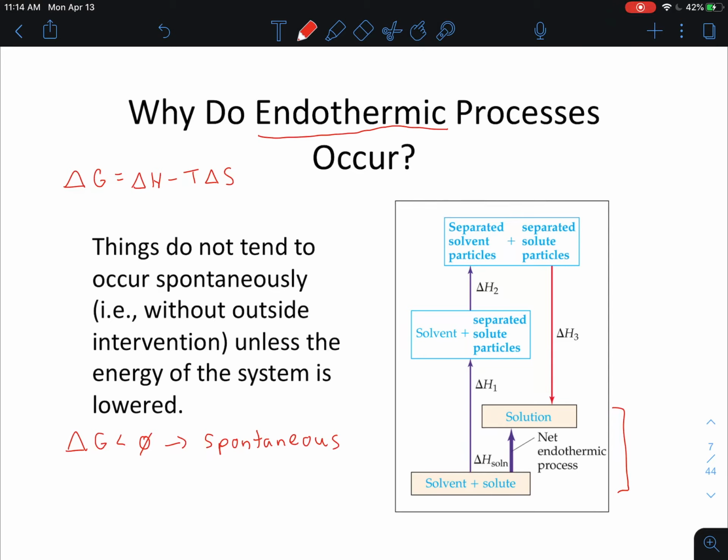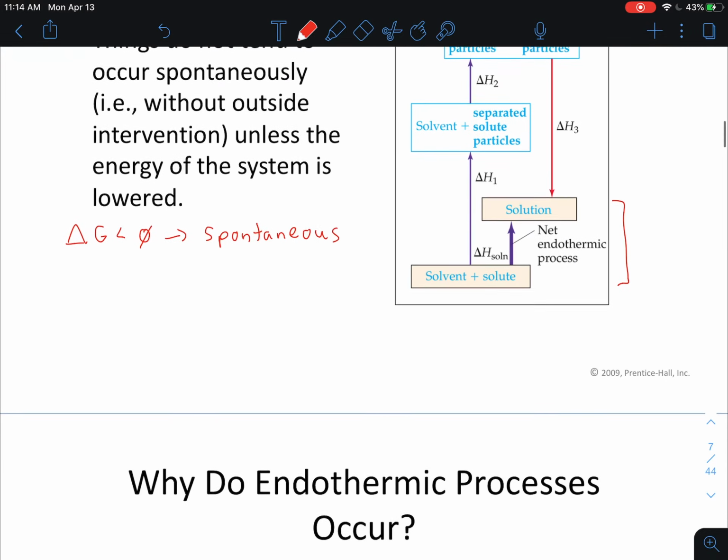It's just talking about heat flow, just about the enthalpy part of this. So remember, when we talk about our equation, we've got enthalpy, and we've got entropy related to the disorder. And it turns out that entropy is a very important component of the formation of a solution, and that should make reasonable sense.